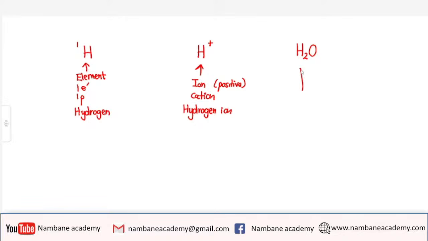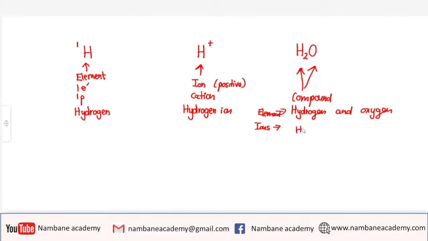Then here you've got a compound, right? This compound is made up of two elements. It's made up of hydrogen and oxygen, right? Those are the elements it is made up of. Which ions is it made up of? It is made up of hydrogen ion and what again?